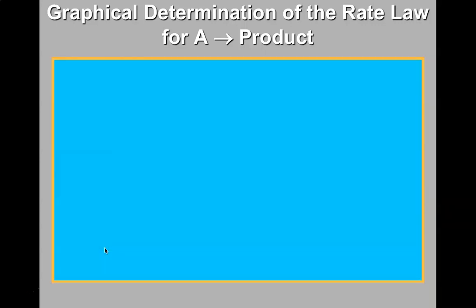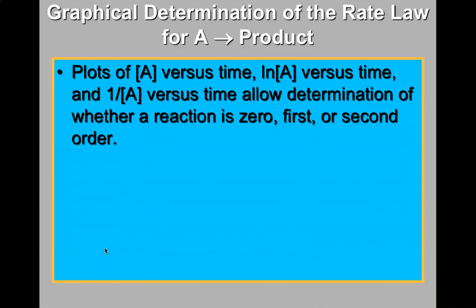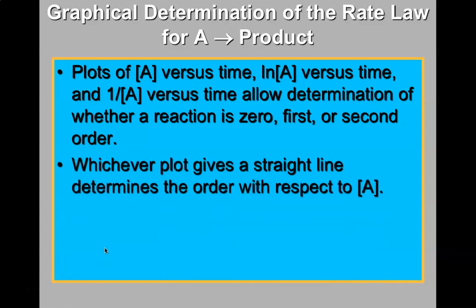So notice here it says A going to some product. What you need to do is plot all three possible rate laws: plot A concentration versus time, natural log of concentration versus time, and 1 over concentration versus time. The goal here is, when you look at all three graphs, which one gives you a straight line?